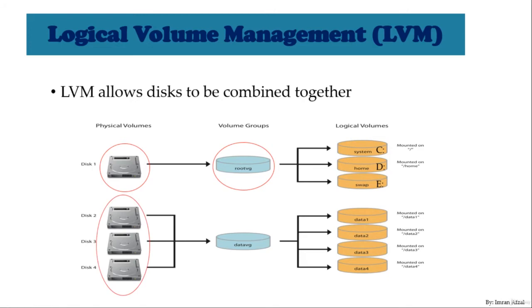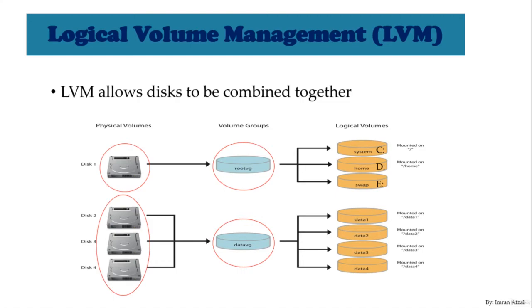You have 3 disks. Each disk is 100 gig, 100, 100, so that makes it 300 gig. Instead of taking one disk and assigning it to one partition or one mount point, you take all 3 disks, combine them together, make it a volume group, and call it whatever you want.